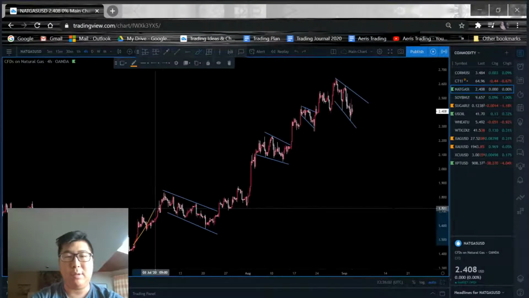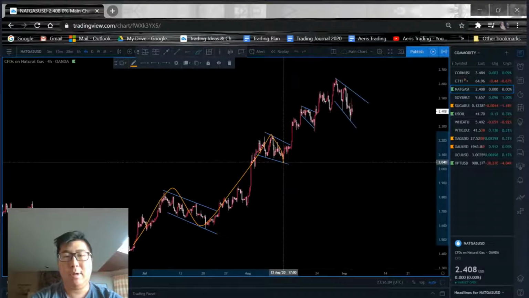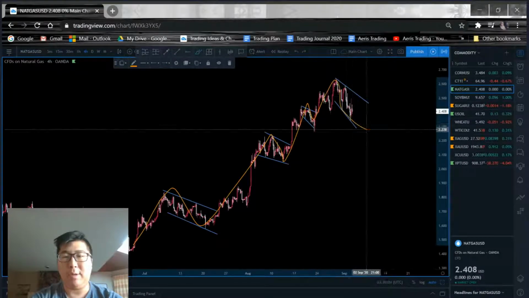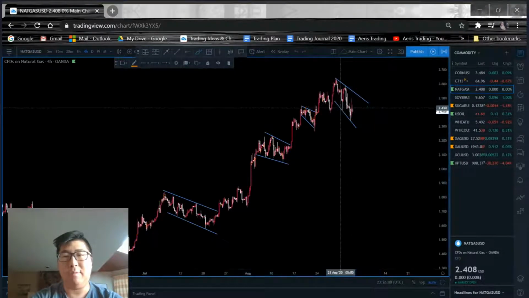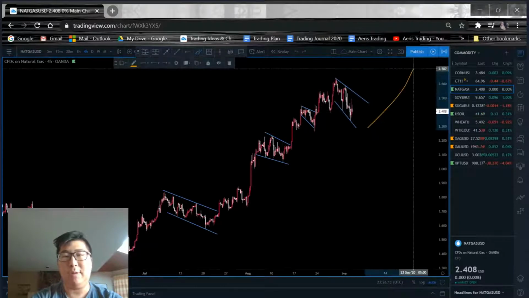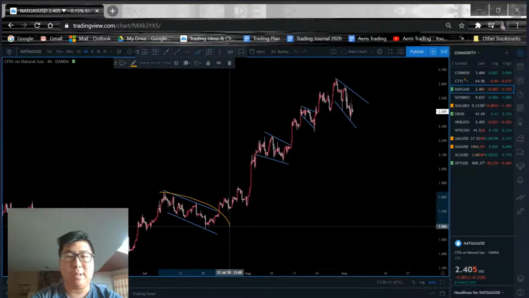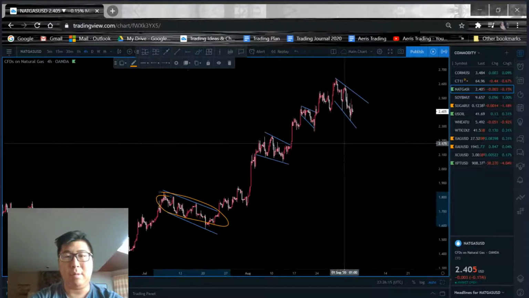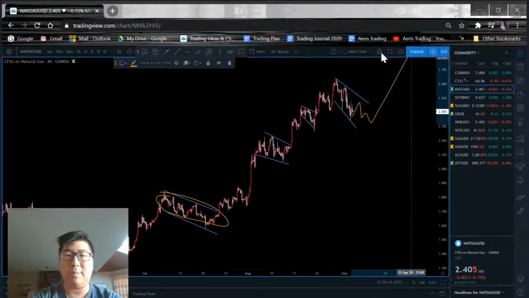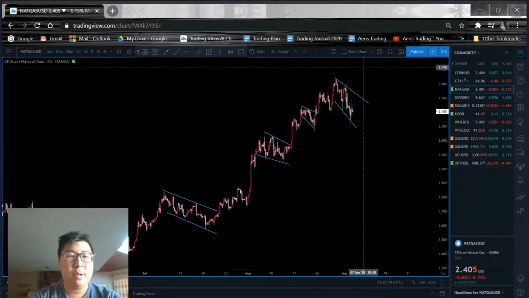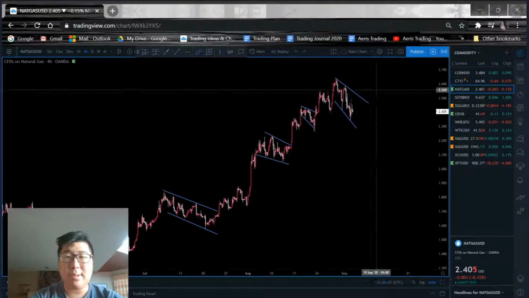We just continue getting a lot of impulse and correction, and then we're waiting for this larger correction to develop, and then you could potentially look for the next upside. Something like this, a little bit longer and a little more structural, and then looking for the next buy. That is what I see on natural gas.